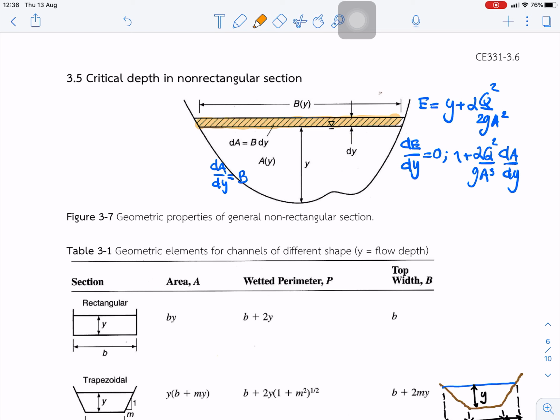In this case, dA over dy is equal to B, so we can write the final equation: alpha Q to the power 2 Bc divided by g Ac cubed equals 1.